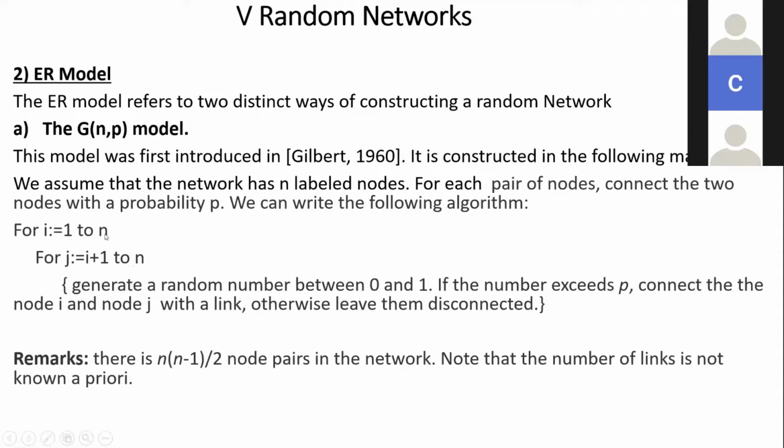Yeah, you're right, you can stop at n minus 1 here; the n minus 1 is missing. But basically you go through all the couples of nodes and you put an edge with a probability p.